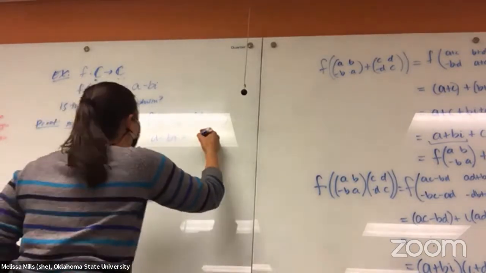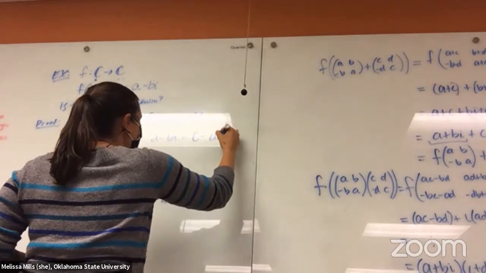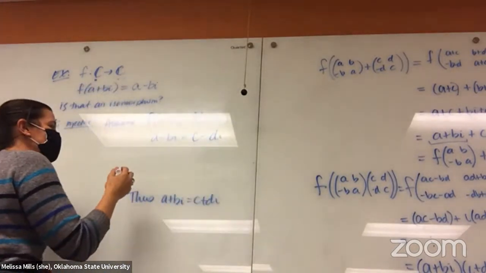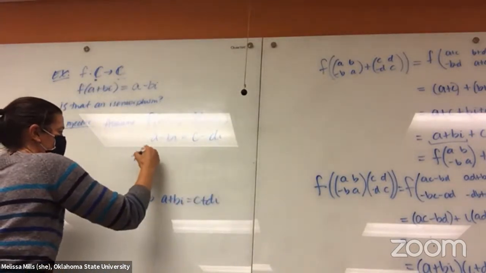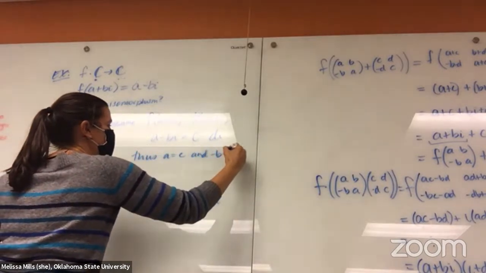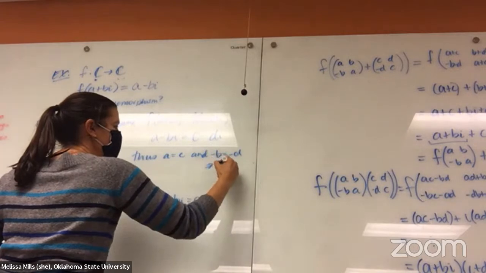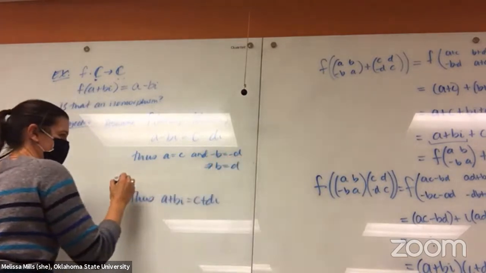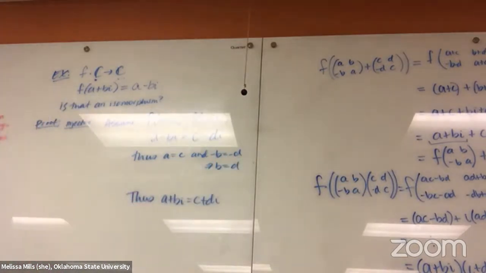It should be easy. And then this is C minus DI. And so what does that tell us? A is equal to C, and negative B equals negative D, which implies that B equals D. Okay, so it's injective.